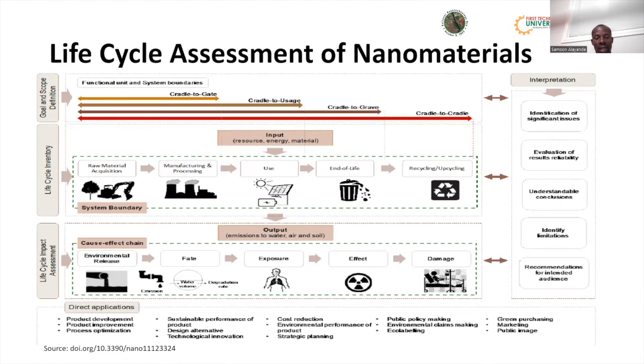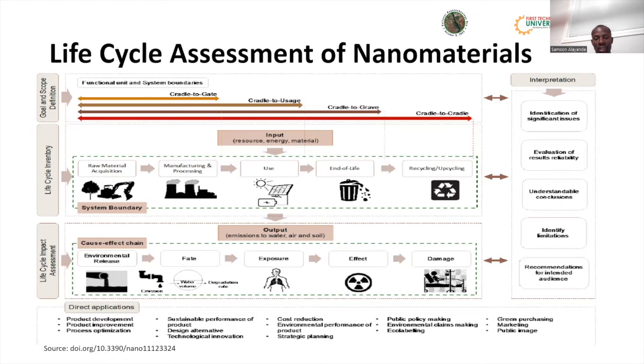So we are looking at the byproduct, and what are the negative and the positive impact both to human and the entire ecosystem. You are looking again at the life cycle, even to the point of disposal. So when you dispose the nano-based material, what happens?